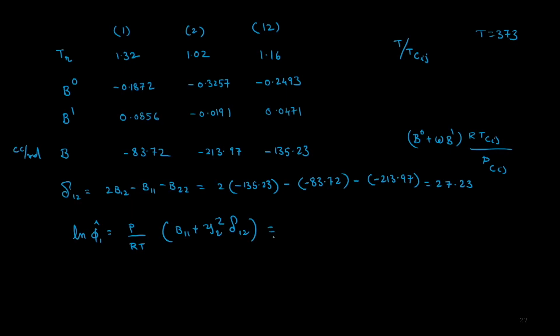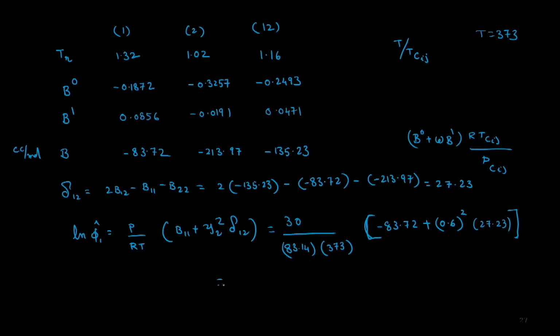That will be, the pressure here is 30 bar, R is 83.14 in bar cc per mole per Kelvin. This is 373 Kelvin times B11, which is negative 83.72 plus Y2 square, which is 0.6. Y1 is 0.4, so Y2 is 0.6 whole squared. Delta 12 is 27.23.